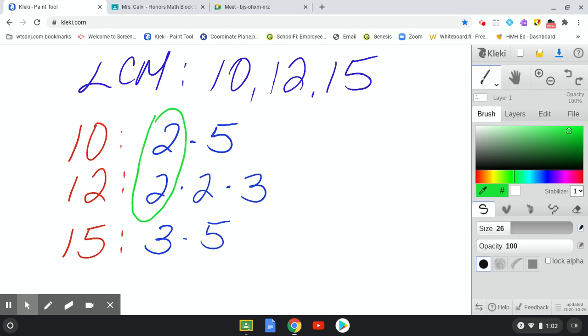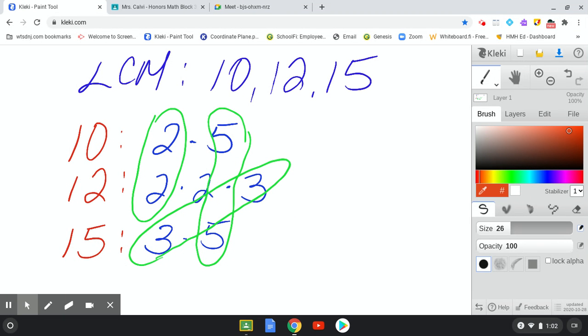I cannot do that. They have to be associated with more than one number. So now, do I have anything else in common? Well, I have these 3s. And then I also have these 5s here. All right. So now I don't have anything else that I can circle, but I do have this 2 left here. That's not circled. Okay. I have that one left.